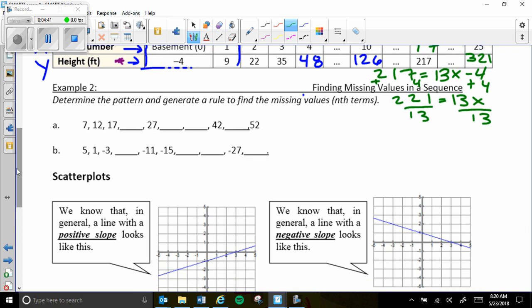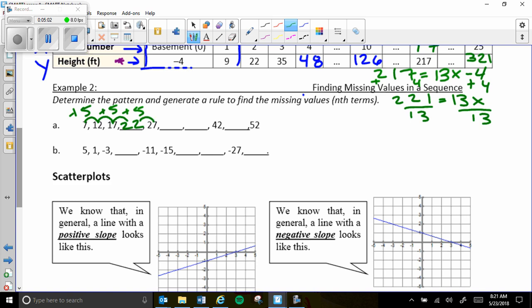So if we look at these, to get from 7 to 12, I do what? I add 5. To get from 12 to 17, what do I do? Add 5. So what do you think we're going to do to get to the next number? Add 5. 17 plus 5 is 22.